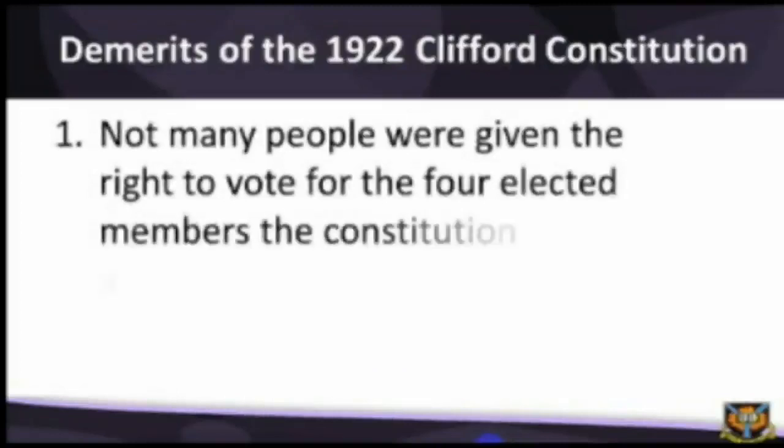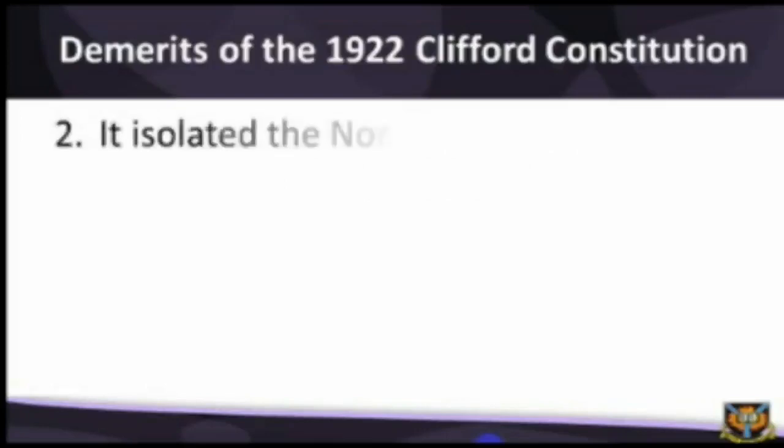In spite of the above reforms, a significant improvement on the Nigerian Council of 1914, the 1922 Constitution still had some serious weaknesses. Not many people were given the right to vote for the 4 elected members the Constitution allowed.